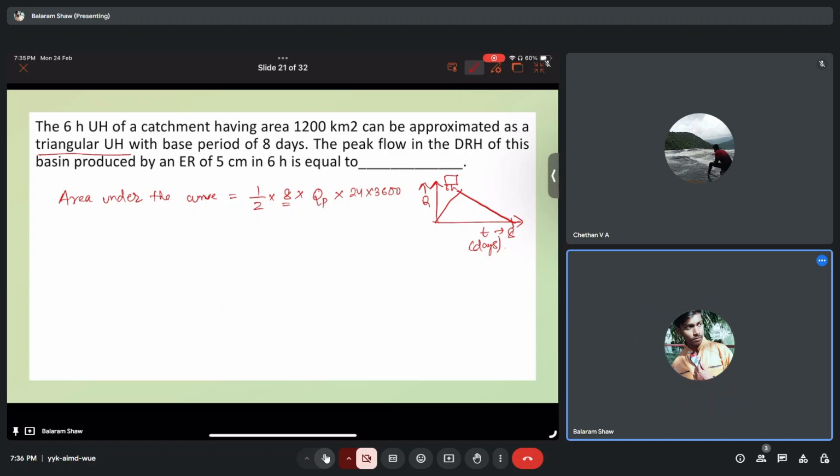So we can write the area under the curve for the unit hydrograph, into the depth of the effective rainfall, will be equal to the area of the direct runoff.